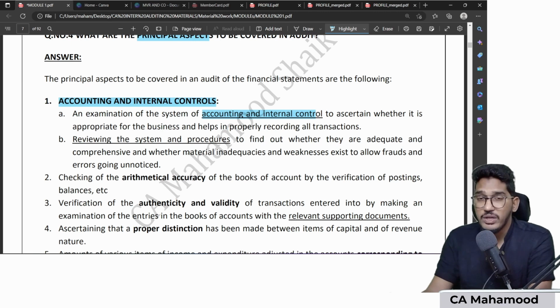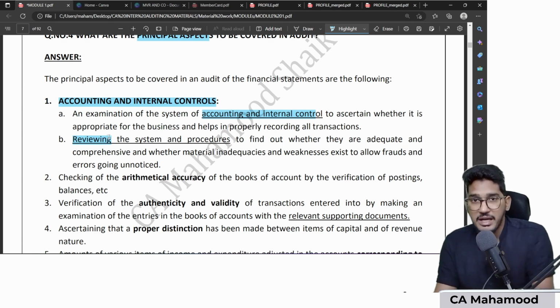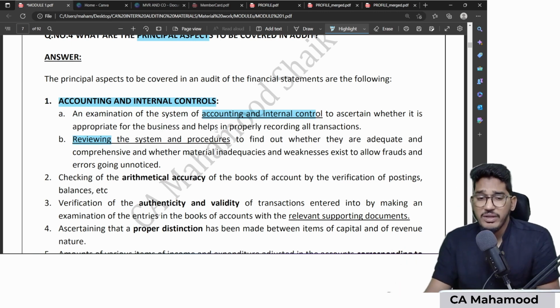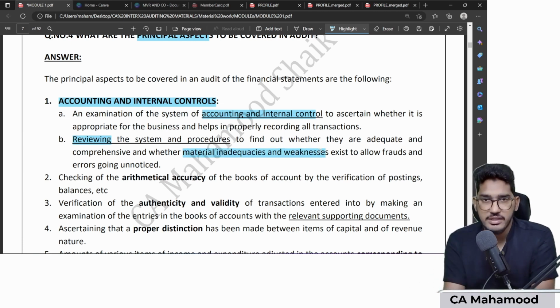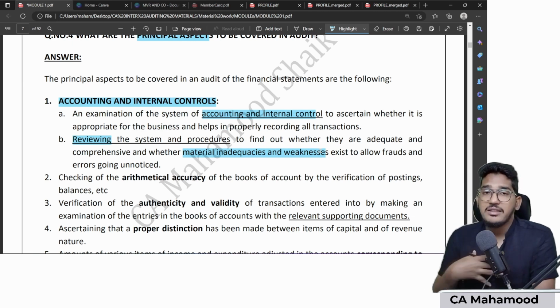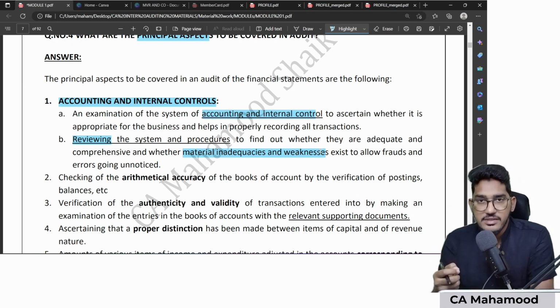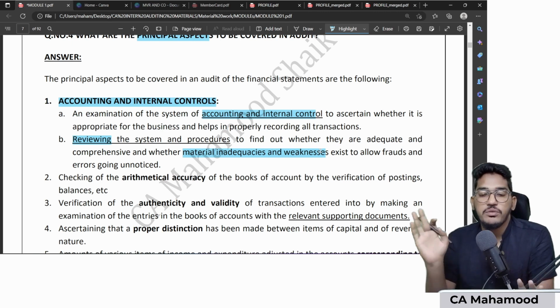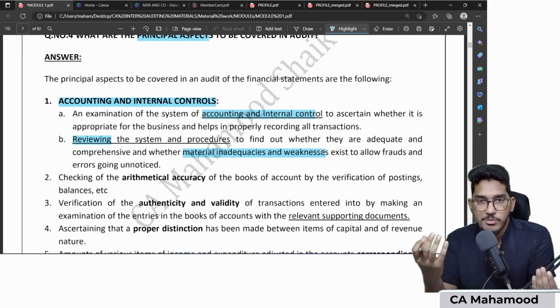And whatever accounting and internal control system I have examined, I need to review and verify in an in-depth manner to find out whether these accounting and internal control systems have any material inadequacies and weaknesses. Whether they are suffering from any weaknesses which create an opportunity for fraud or error.